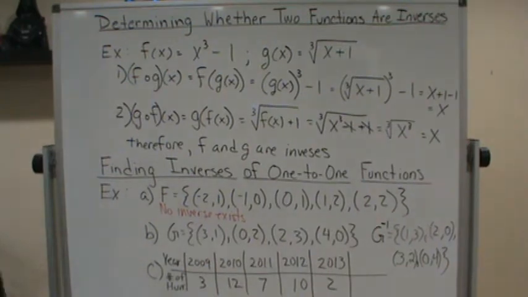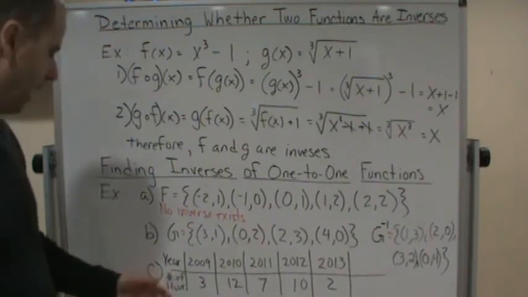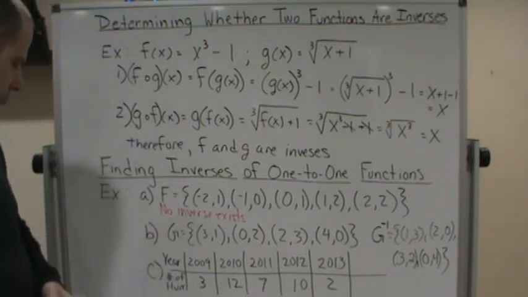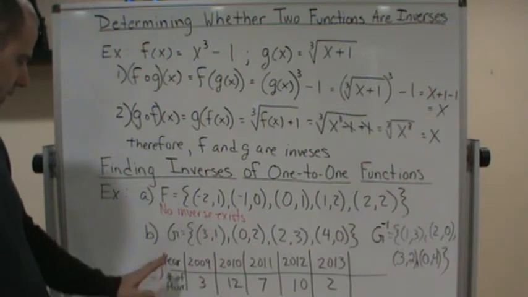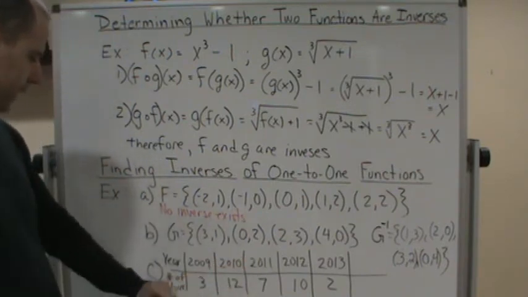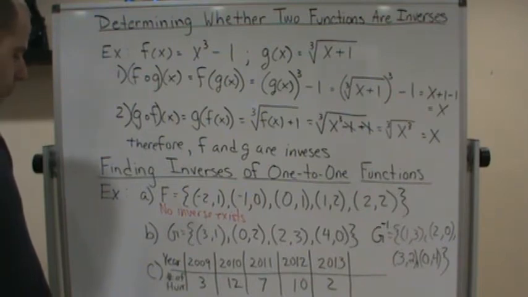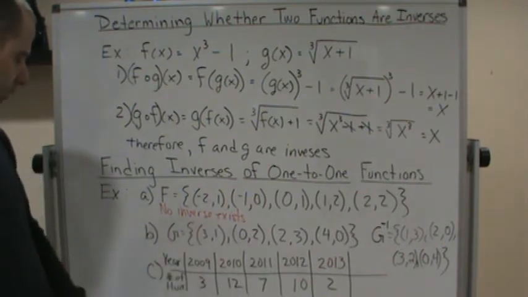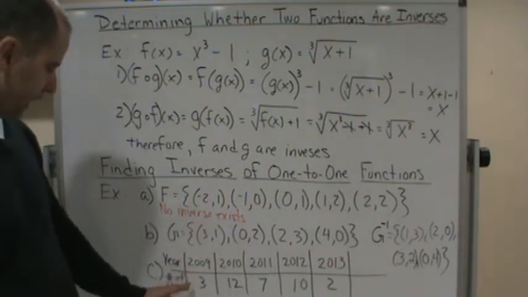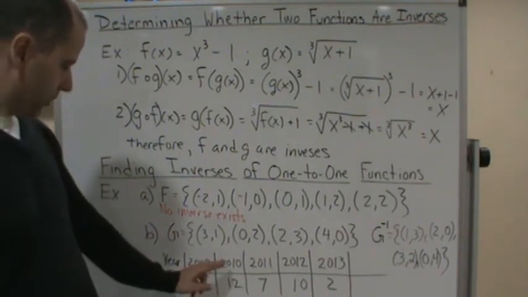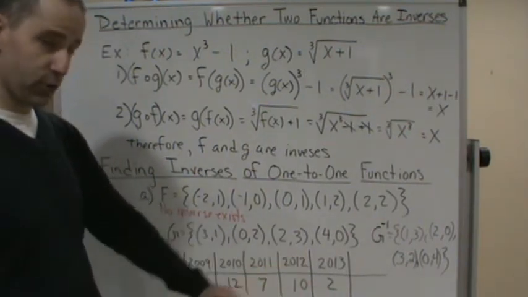The application type problem is where, let's say we have a table of values, we have this data, and this data represents year and the number of hurricanes that we've had in the United States during that year. So, for example, in 2009 we had 3 hurricanes, 2010 we had 12, and so on and so forth.